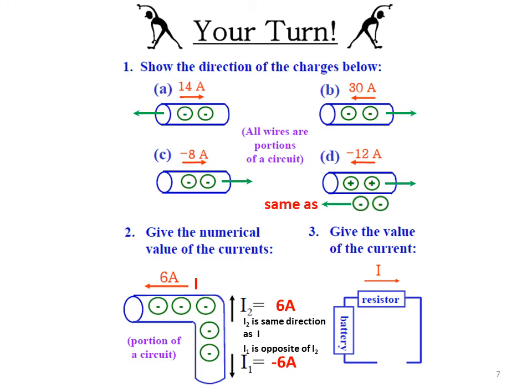Okay, exercise 3 with the value of current I. In this case you can see that we have an open circuit here, and in an open circuit we have no current. In other words, the value of I equals 0.